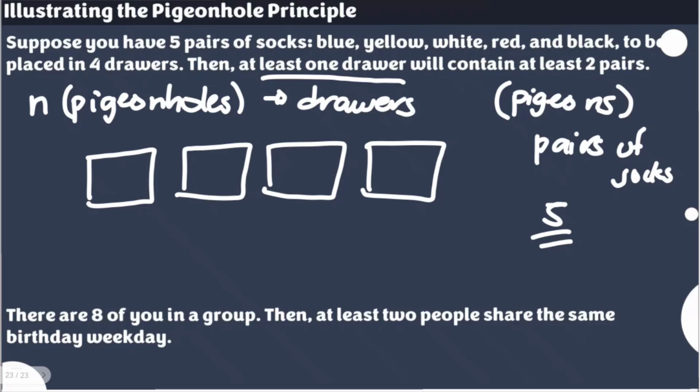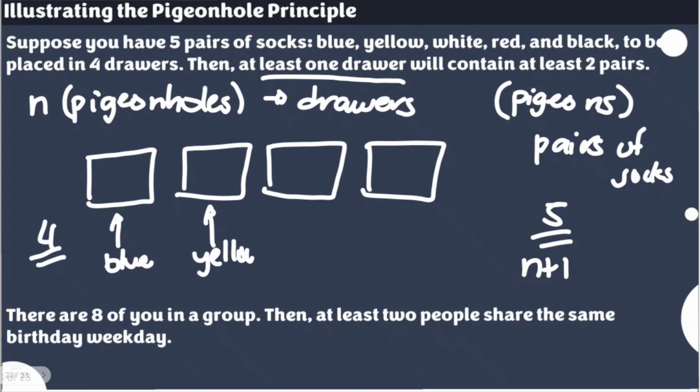there is at least 1 drawer, because there are 4 drawers and 5 pairs. This connects to the idea that there are n plus 1 pigeons for n pigeonholes. If you place the blue pair here, and the yellow here, then the red pair here, and the white pair here, we still have the black pair of socks.